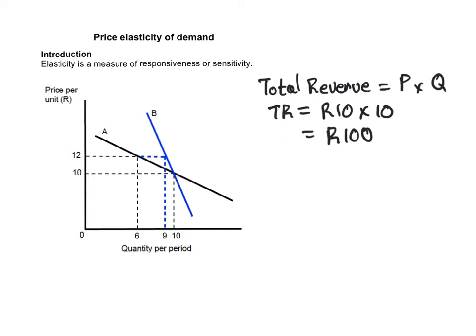Now, when the price increases to 12 Rand, for product A, the quantity demanded decreases to 6 units.